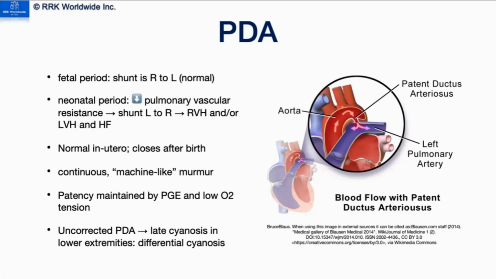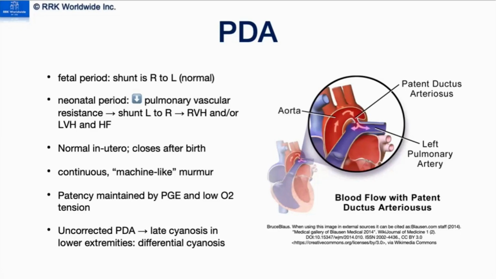In the fetal period, a right to left shunt is normal, because remember, you're trying to bypass the lungs in the fetus. But it's not normal in anything past the newborn stage.